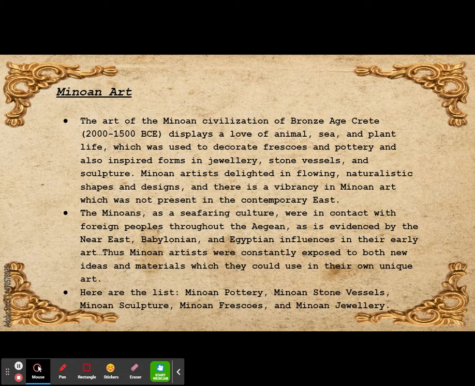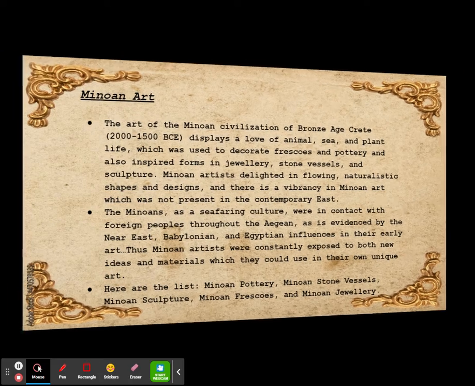And also, they include in their jewelry stone vessels, and so they use a lot of details using flowers, nature, shapes, and designs. To me, this is kind of like the next step of gathering more details into artwork.